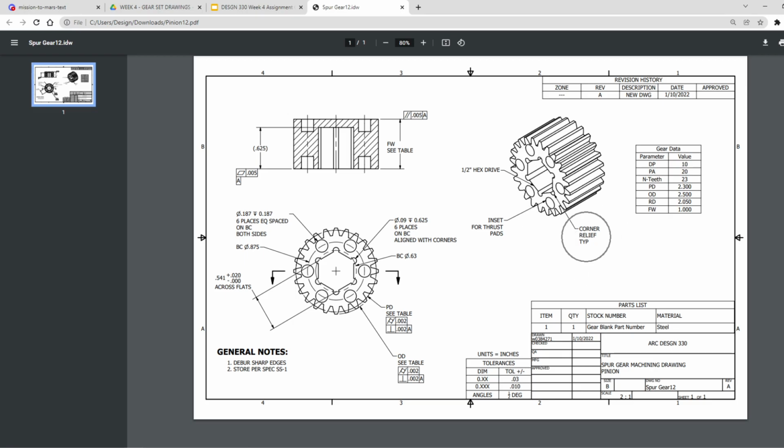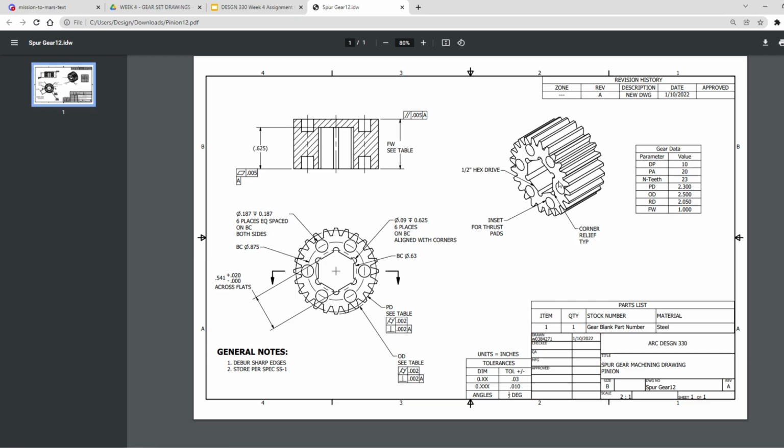It's called a corner relief, which you could Google and see, but it means that when you put a hexagon in there that's got a sharp corner, the sharp corner falls into this little hole part and doesn't interfere, so you get your pressure all along the flat. Okay, so there's a front view, a section view, an isometric view.